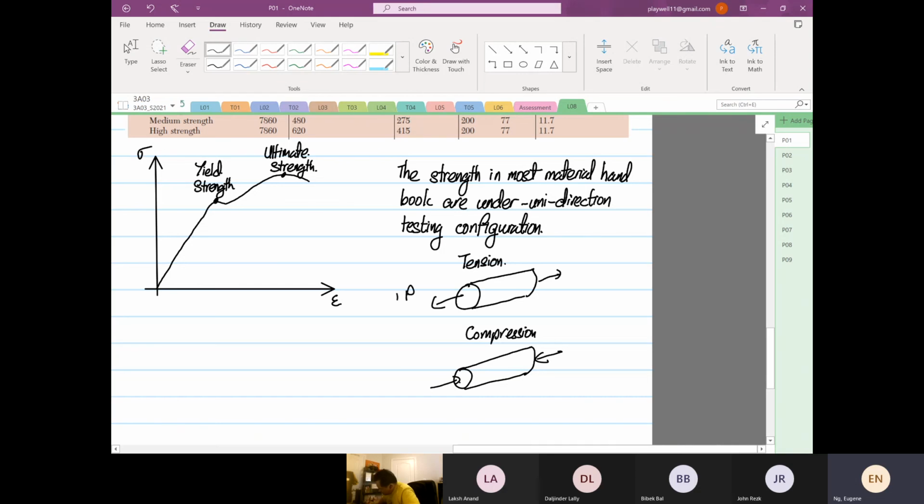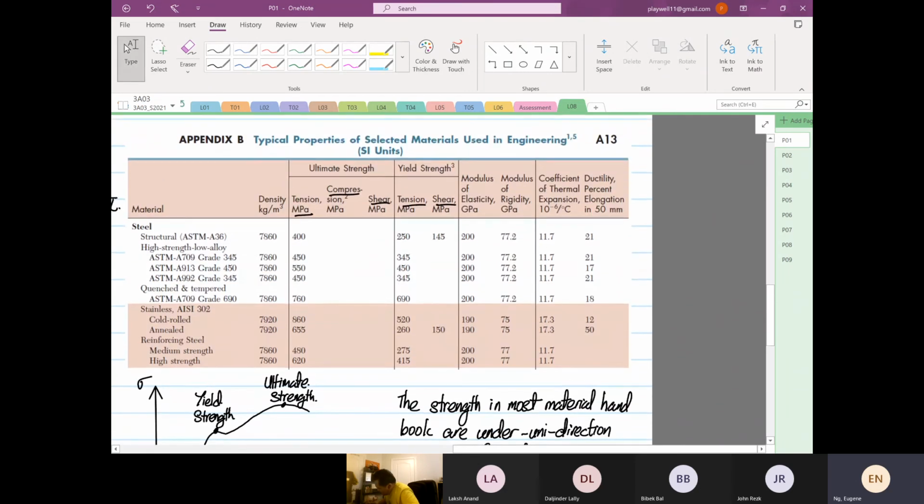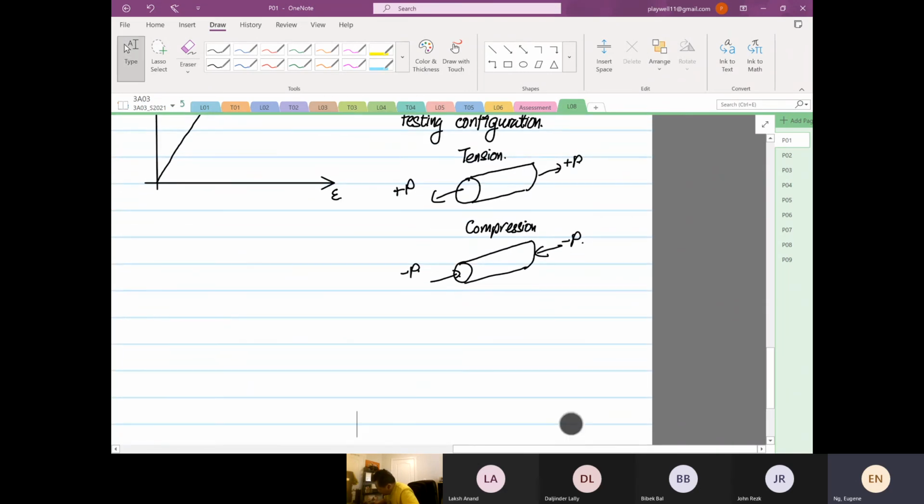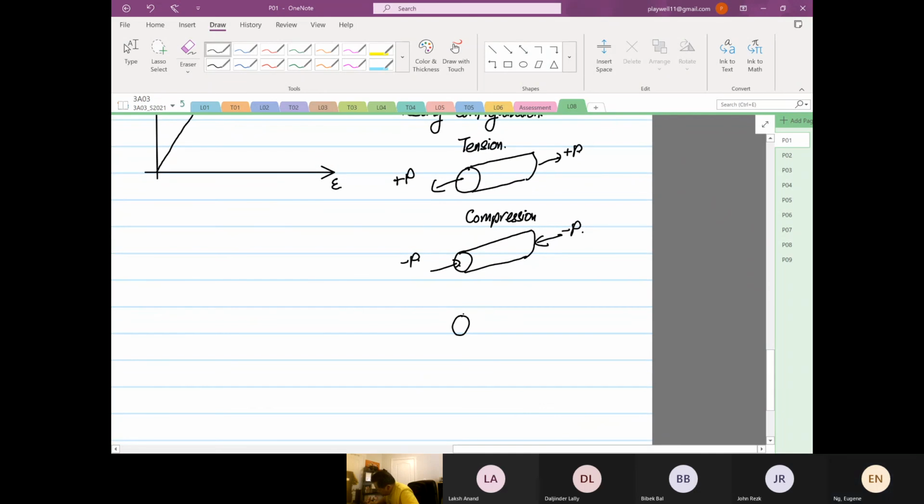So this is positive P, and this is negative P in compression. Then you have another value which is shear. For shear, what they do is apply a torque. That's how they get the shearing stress.